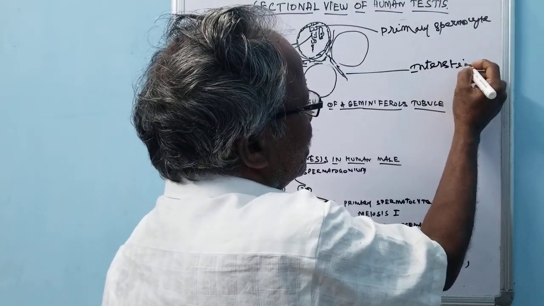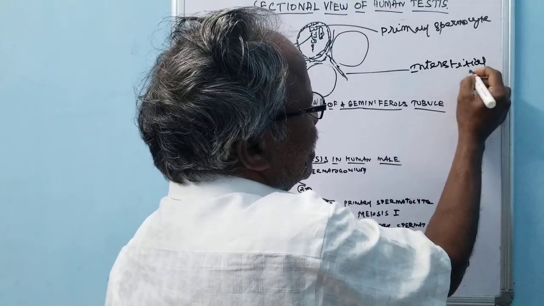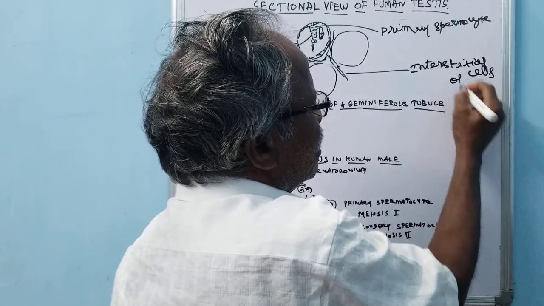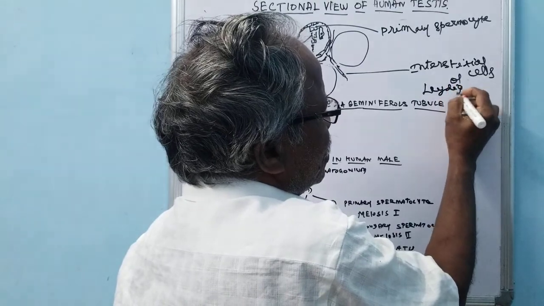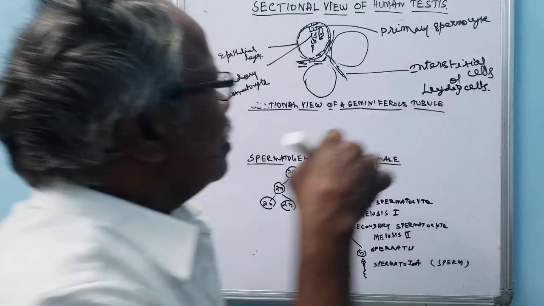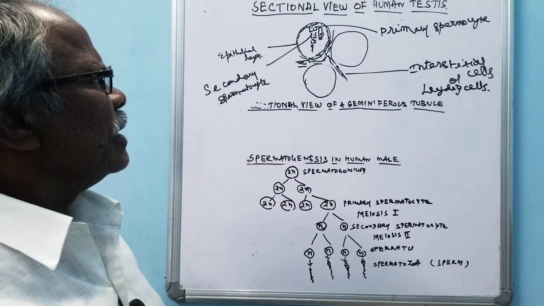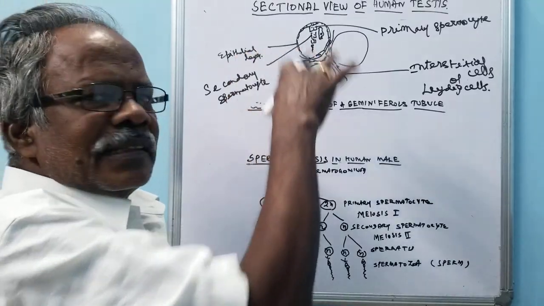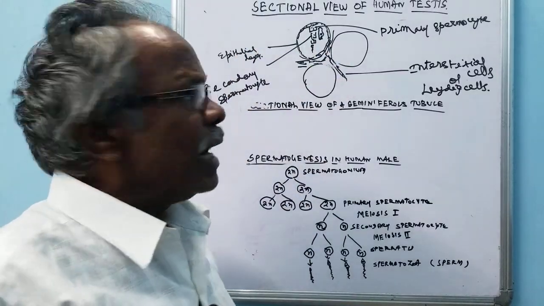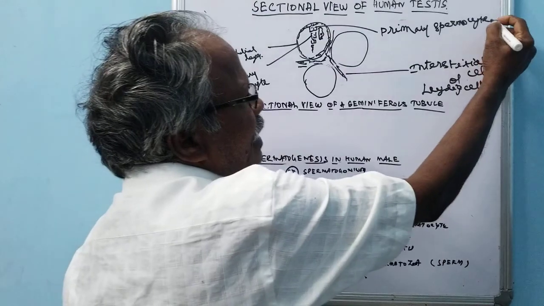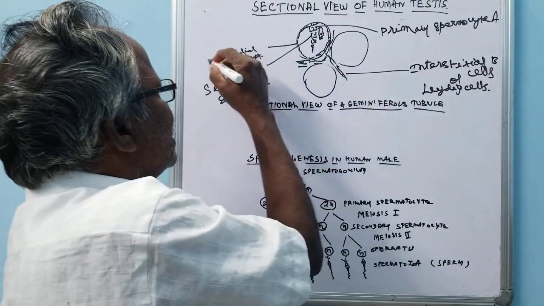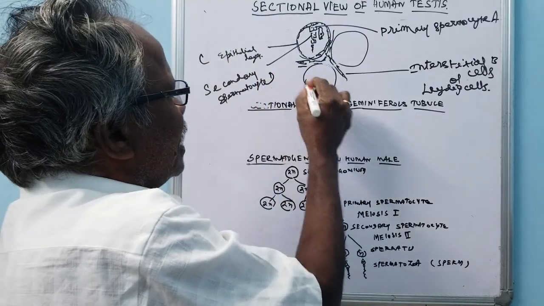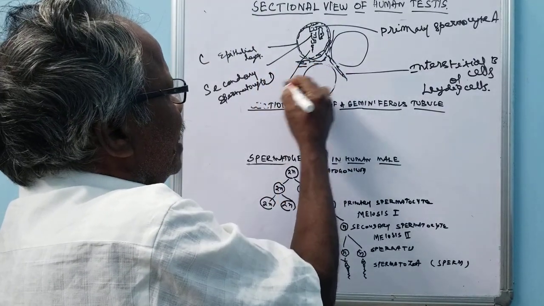Interstitial cells, or Leydig cells. They can ask A, B, C, D like that. They will give the diagram and mark this as A, this as B, this as C and D, this is E like that.